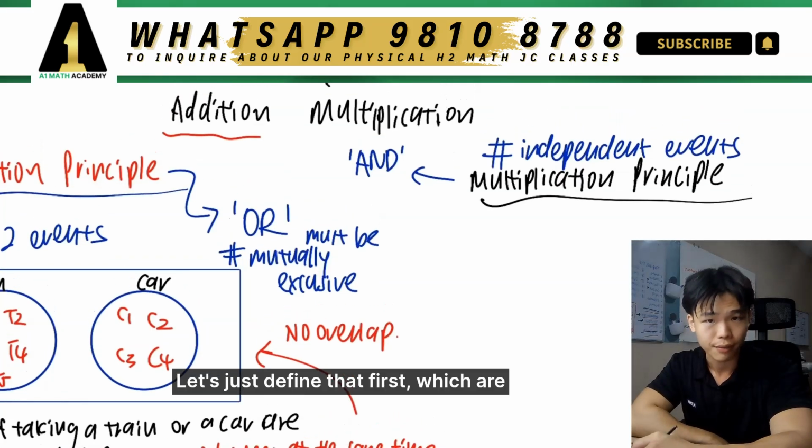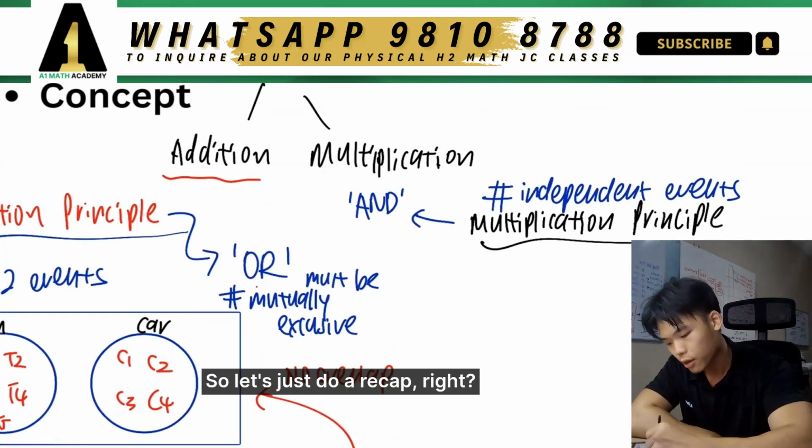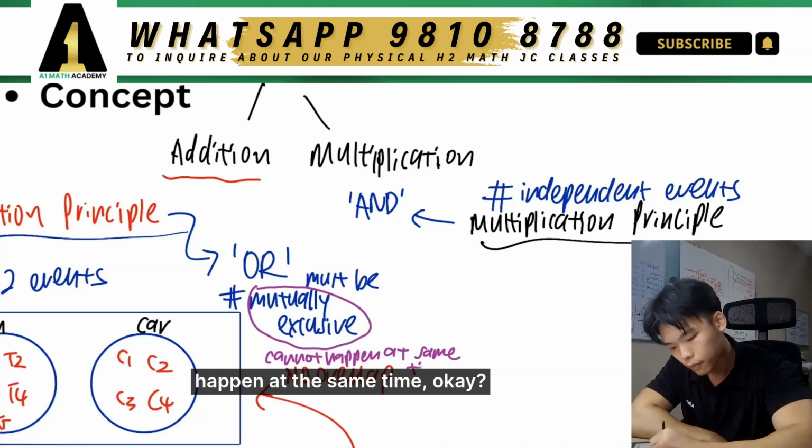Let's define what independent events are first, which is very different from mutually exclusive. Let's do a recap: mutually exclusive means cannot happen at the same time.